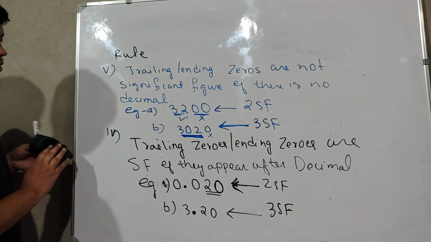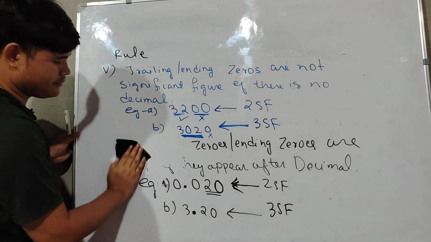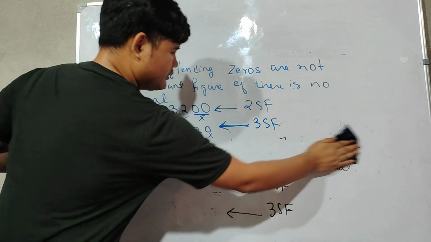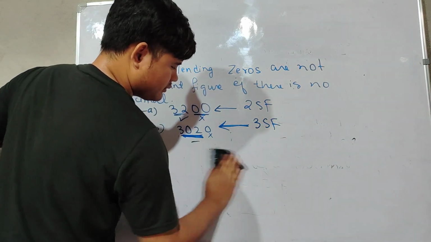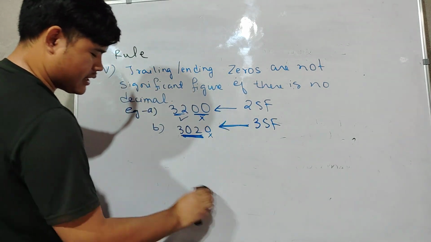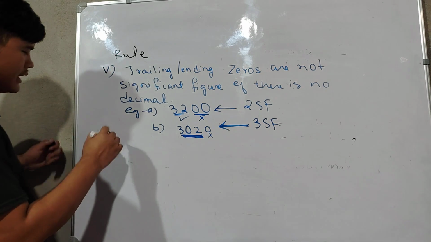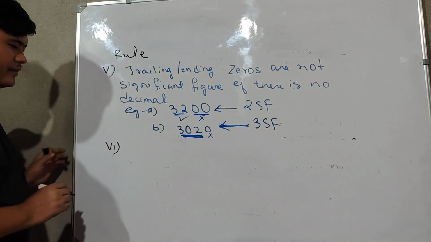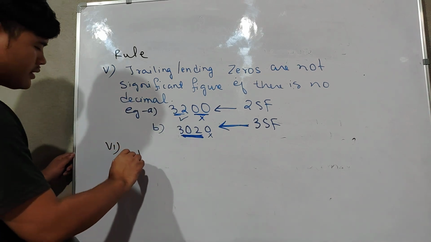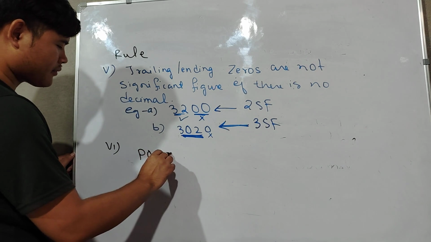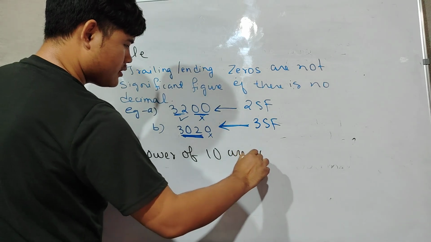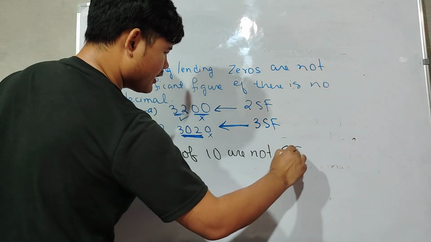Okay, next rule, number 6. Powers of 10 are not significant.